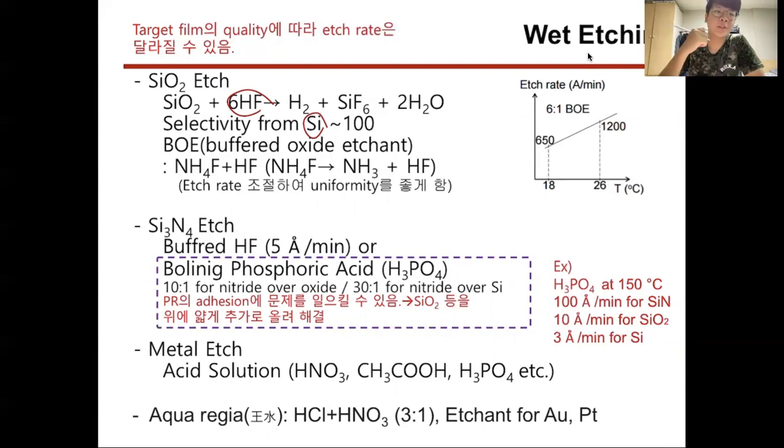The phosphoric acid can etch 10 times faster than the oxide and 30 times faster than the silicon. However, phosphoric acid has a problem that the PR can be attached to the silicon.